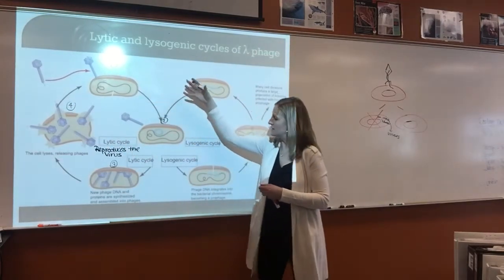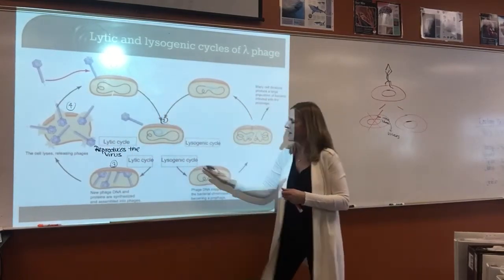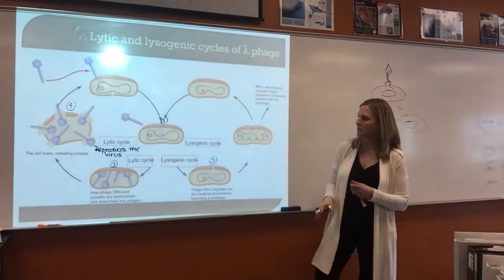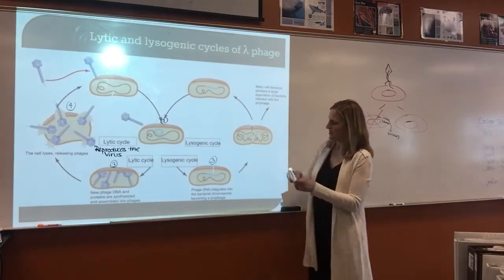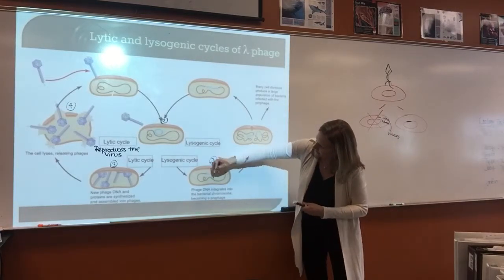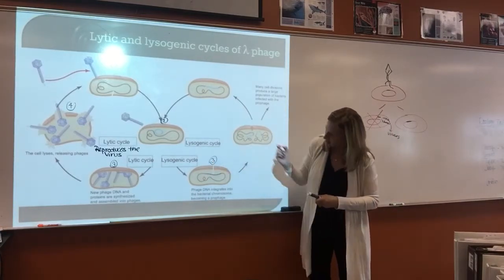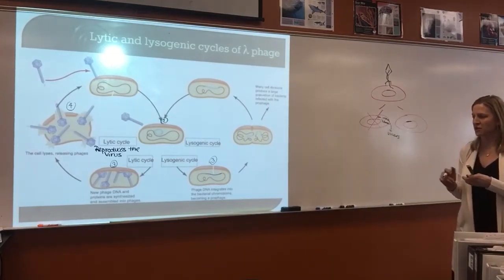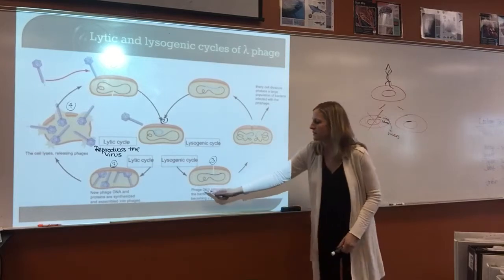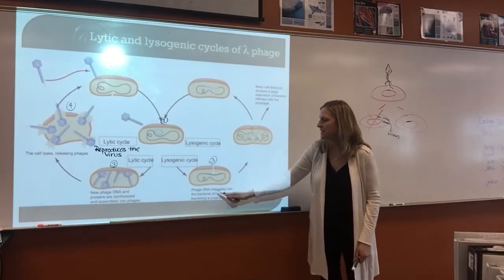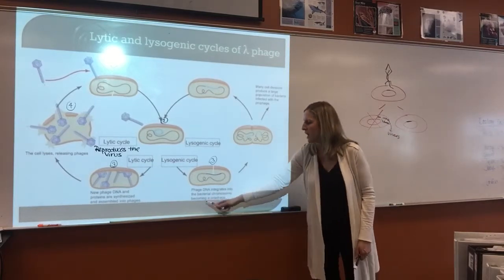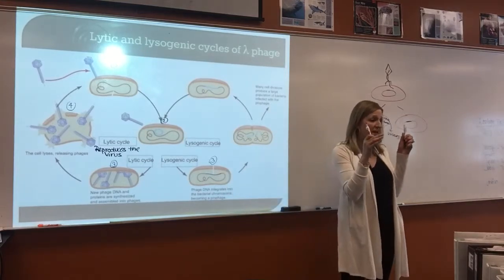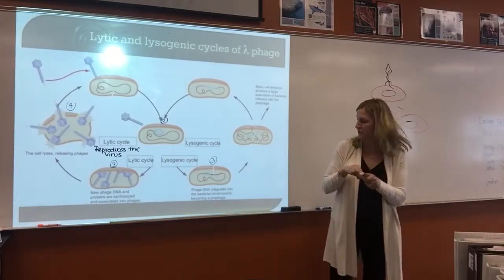For the lysogenic cycle, step 3 is instead of being used to make new viruses right away, that viral DNA is integrated into the bacteria's chromosome. So it says here, phage DNA integrates into the bacterial chromosome, becoming a prophage. So prophage is the viral DNA that has become part of the bacteria's chromosome.